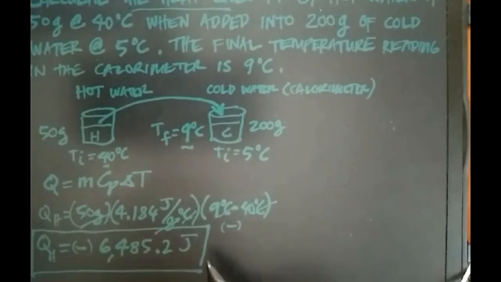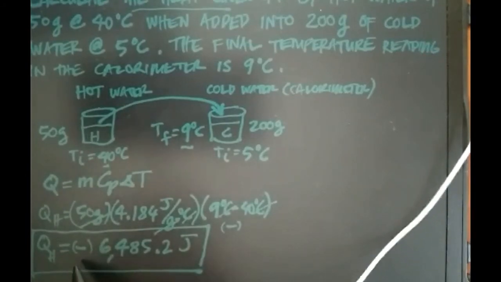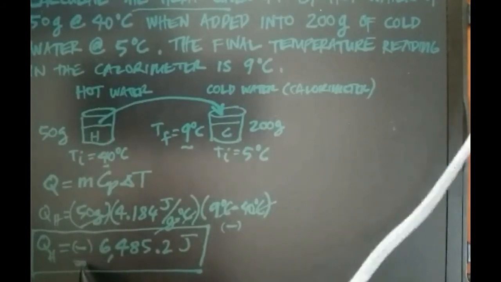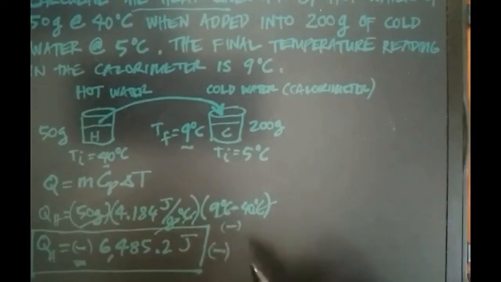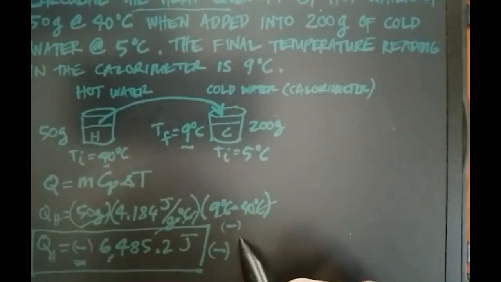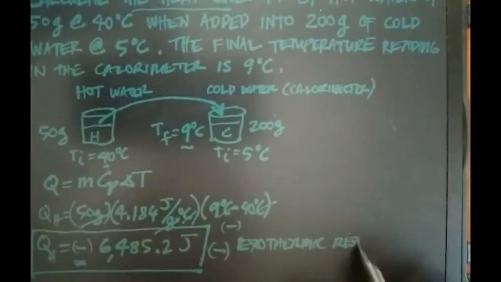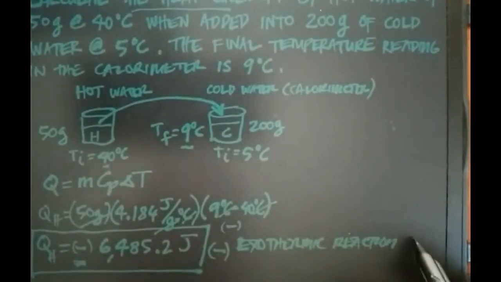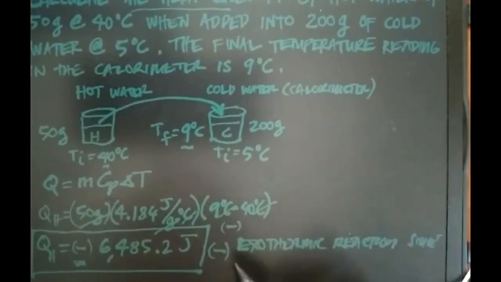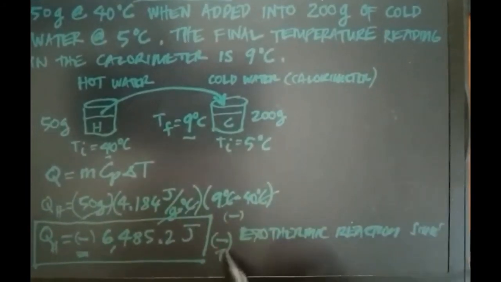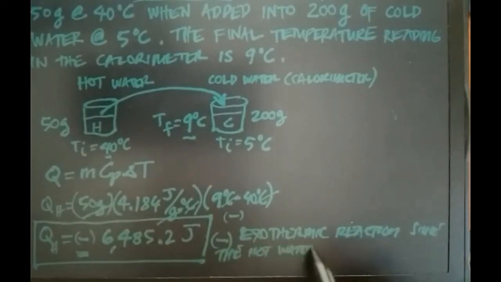And this negative sign here means that it is an exothermic reaction, since the hot water releases heat or energy and the cold water absorbs heat, showing the temperature rises from 5 degrees Celsius to 9 degrees Celsius.